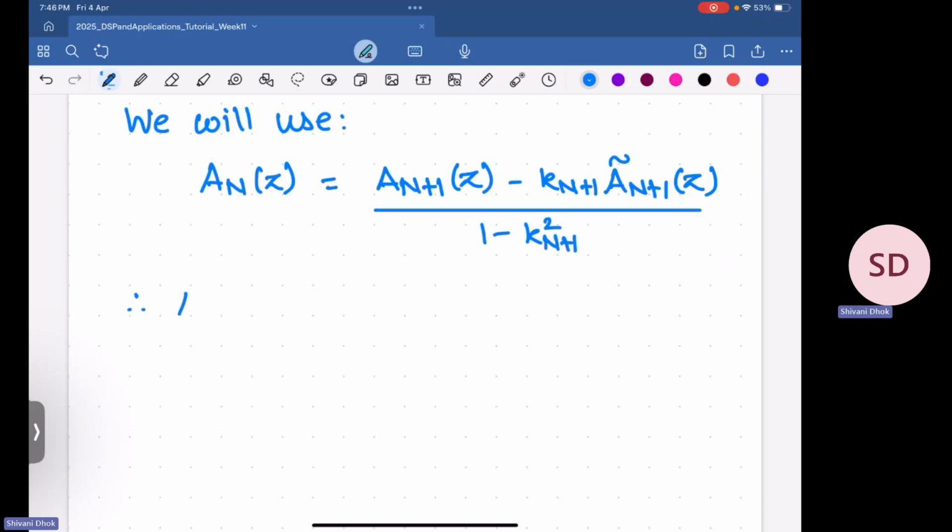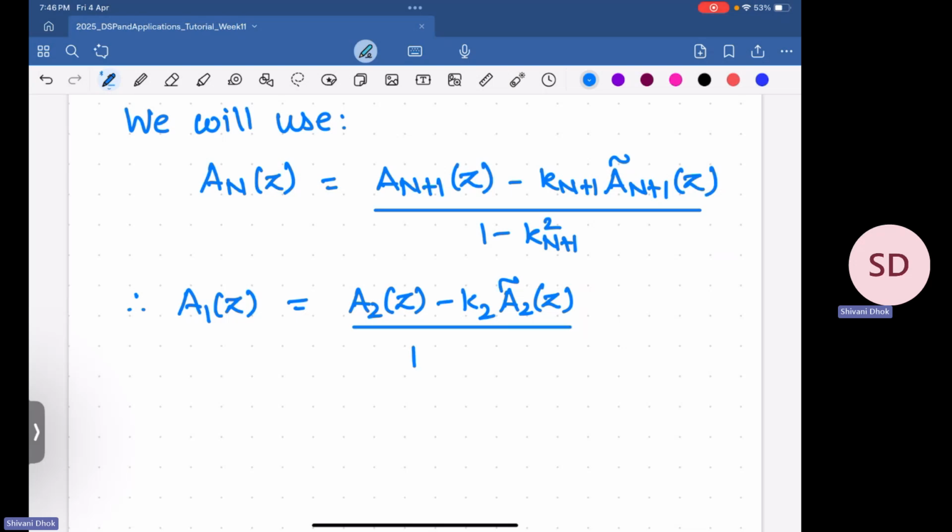So therefore, I have A1 of z is equal to A2 of z minus K2 A2 tilde of z divided by 1 minus K2 square.